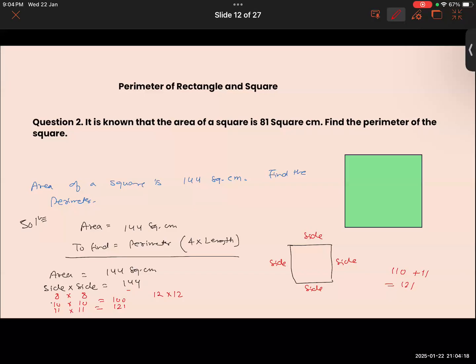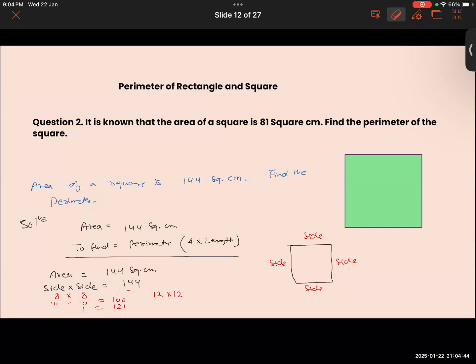Multiply it fast. 120 plus 24, no? That is equal to 144. Yes? I'm multiplying 12. Okay, multiply it. Yeah, it's 144. 12.